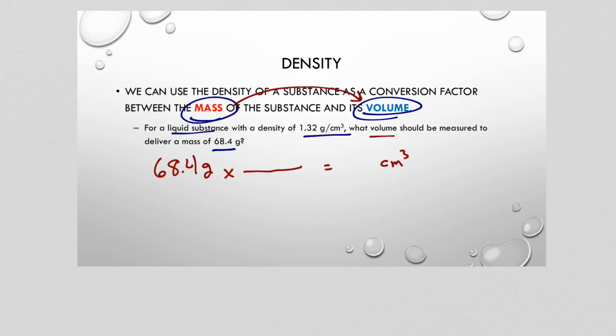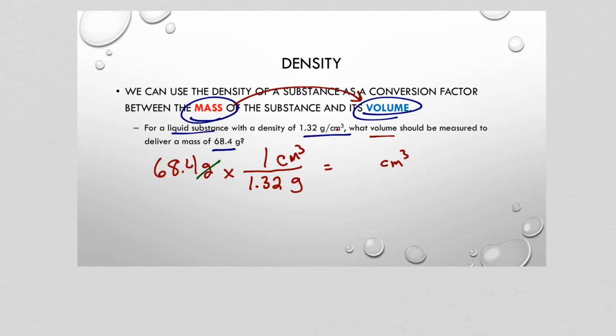So do I need the grams on top or the grams on bottom? Well, since I start with grams, I want grams on the bottom to cancel out and cubic centimeters on the top because that's what I want. So if I look at this, 1.32 grams. So remember, the number always stays with the unit, so the 1.32 grams goes in the conversion factor per 1 cubic centimeter.